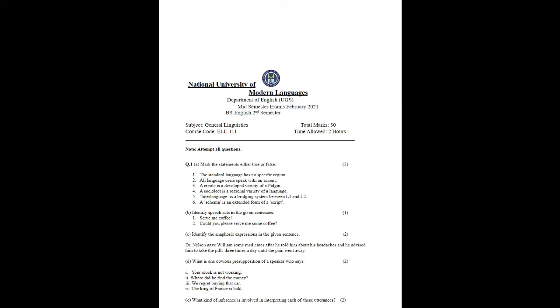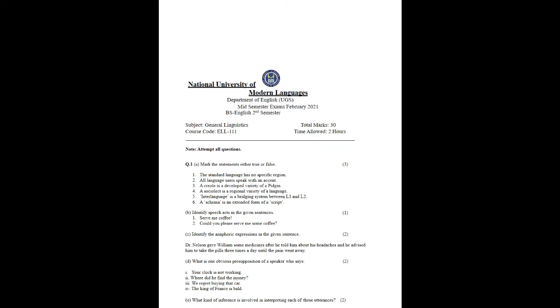Part B, identify speech acts in the given sentences. The first one is, serve me coffee. Second one, could you please give me some coffee. So the first one is a direct speech act, the second one an indirect speech act. Part C, identify the anaphoric expressions in the given sentence.